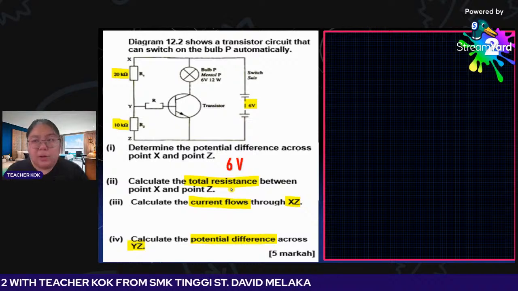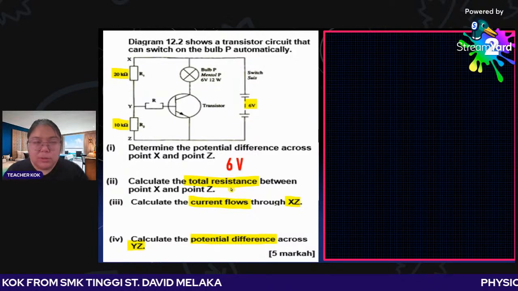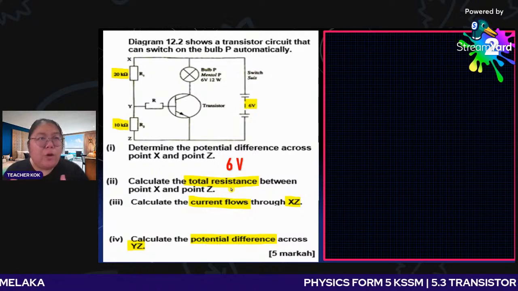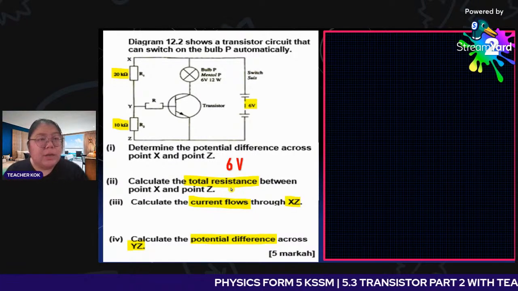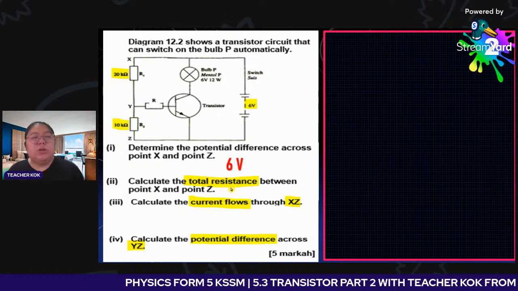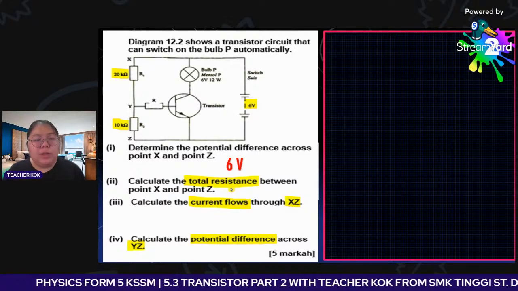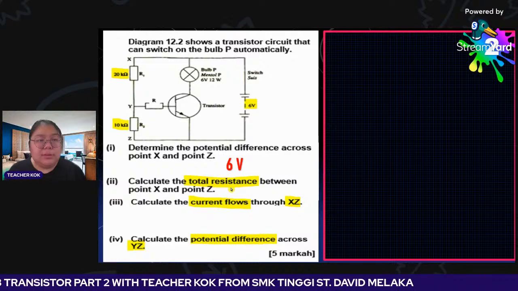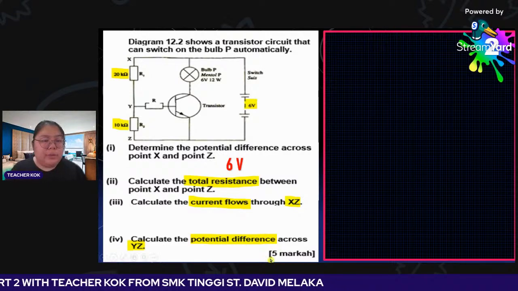Faster, because we still have some questions. This one is question 2 only, and maybe there are 4 or 5 questions. What's your answer for number 2? Total resistance between the point X and the point Z. Because they are all provided, you can focus.